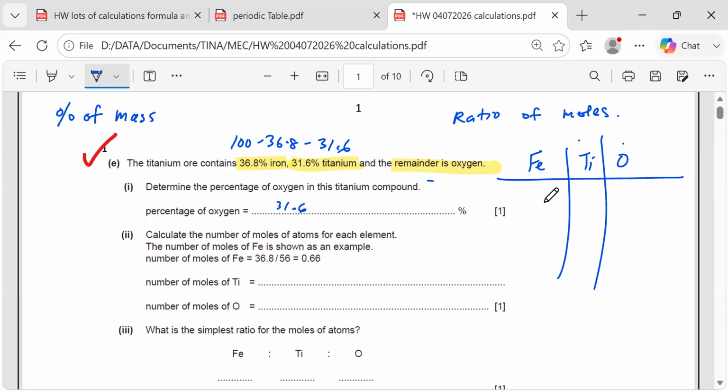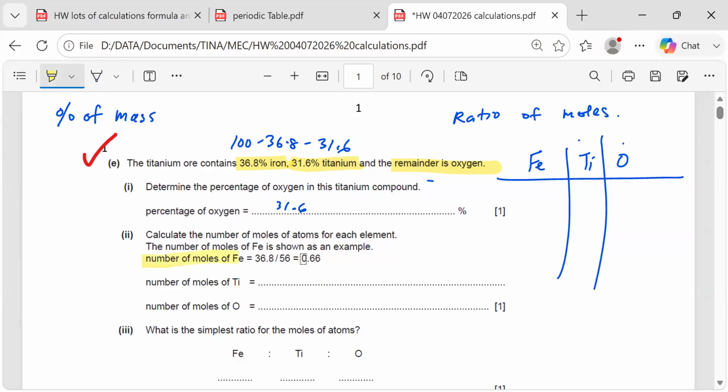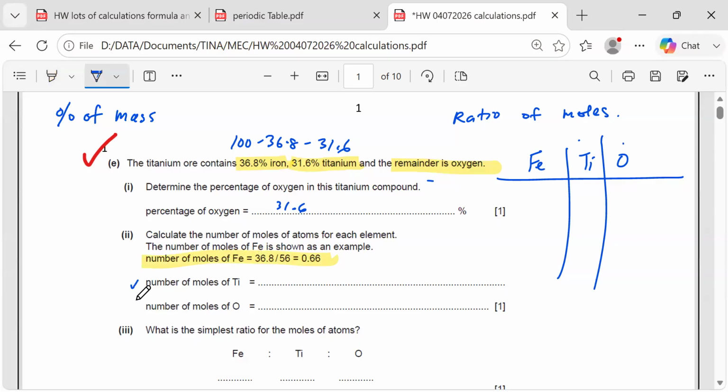We find the number of moles of iron they give you already. The number of moles of iron is mass over molar mass, 36.8 over 56. Find the amount of moles of titanium and oxygen using the same formula, mass over molar mass. You are given the periodic table. You can find the molar mass in the periodic table, right? Okay, do it now.